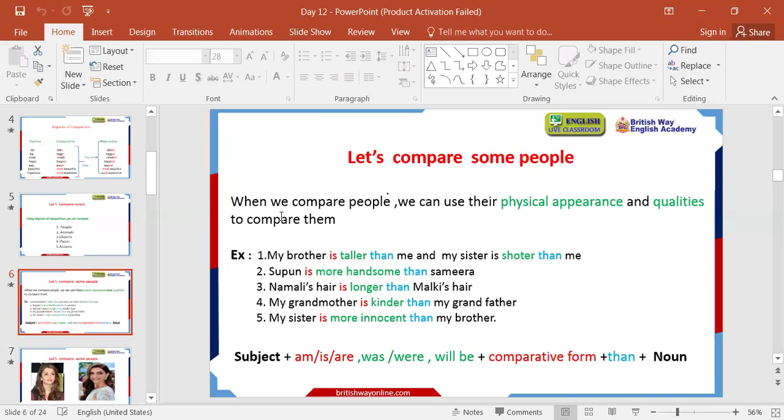When we compare people, we can use their physical appearance or qualities.